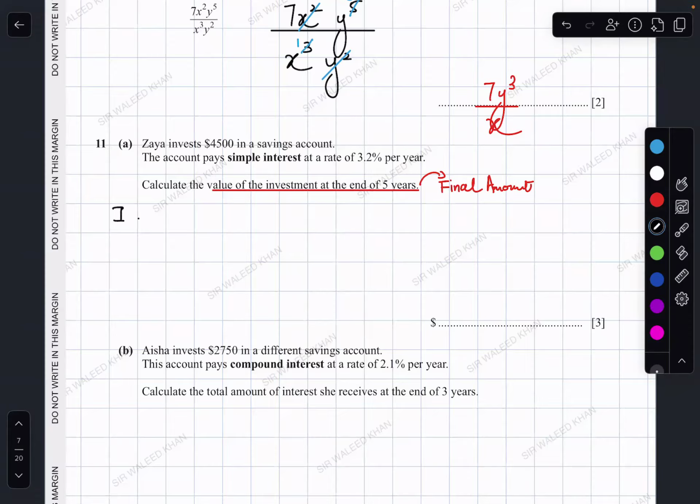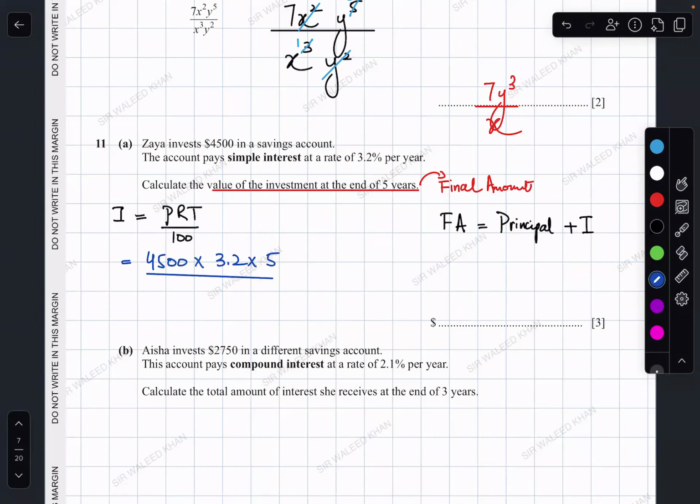So we have I is equal to PRT over 100. This will give you the interest over 5 years. And for the final amount, I have to add back this interest into the principal amount. Principal, the invested amount, the original amount, all are referred to as the principal amount. Okay. So let's figure out P, principal amount, rate 3.2 times 5 over 100.